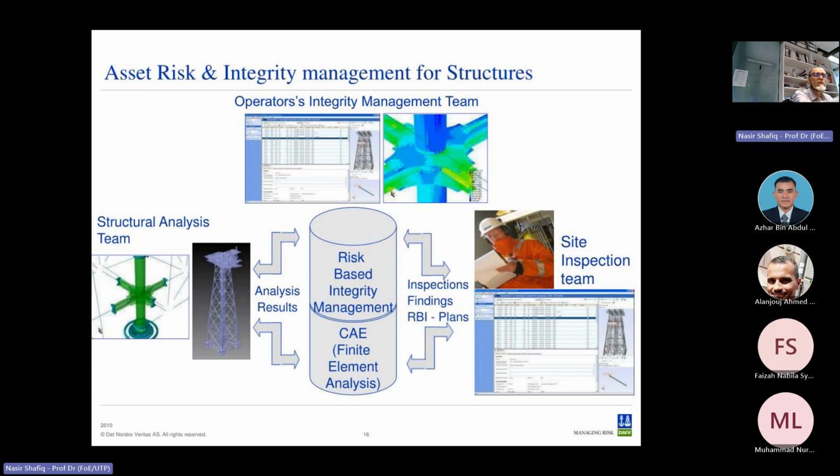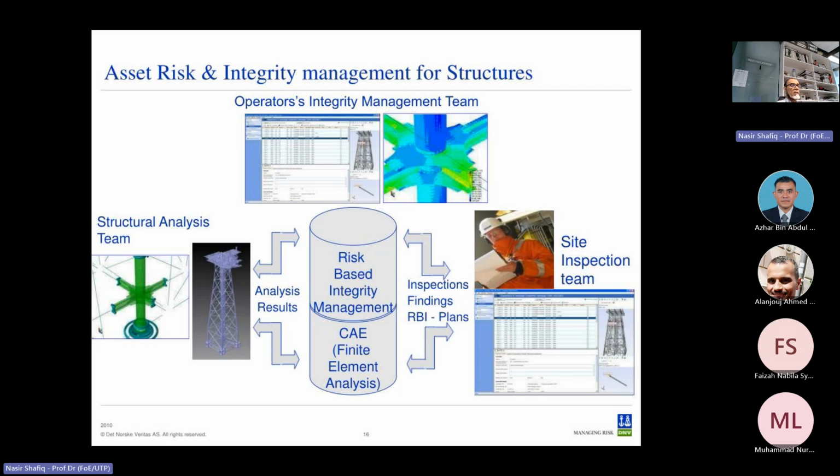And above over there, you can see this joint analysis, any relevant software is being used, for example, and this joint is part of the overall tower. So the integrity and force distribution, if you have strengthened this joint, what will be the impact on the global performance of the jacket structure, right?